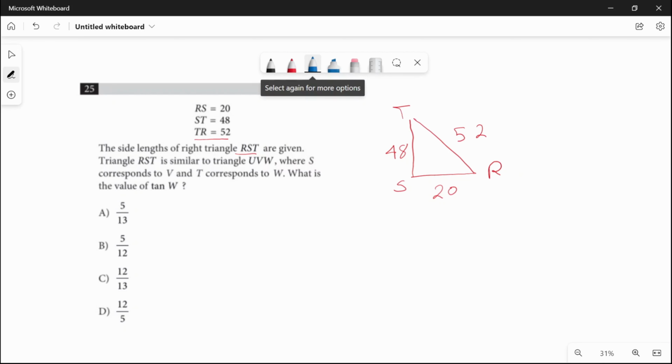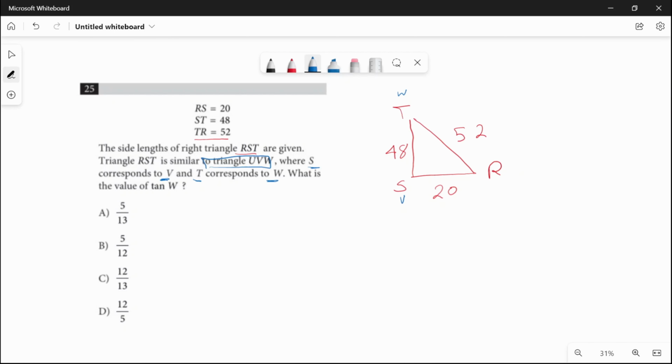Now, what about the corresponding values in the similar triangle? It is said that S corresponds to V. So let's denote V here under S, and T corresponds to W. So we'll write W here.